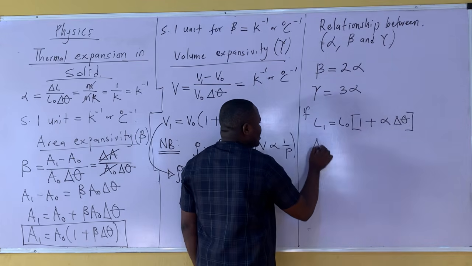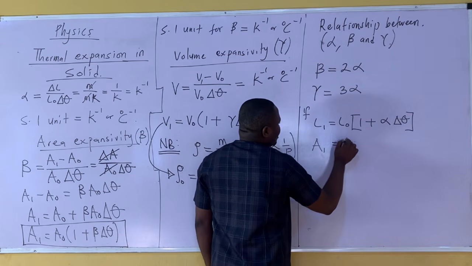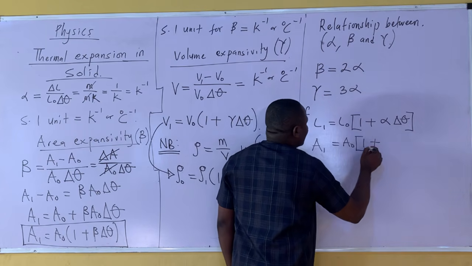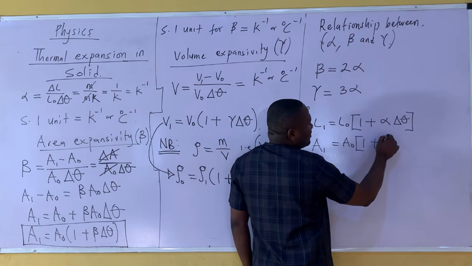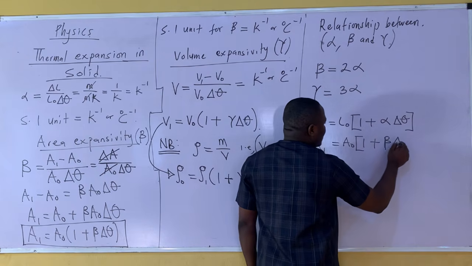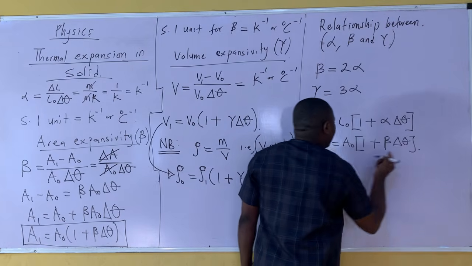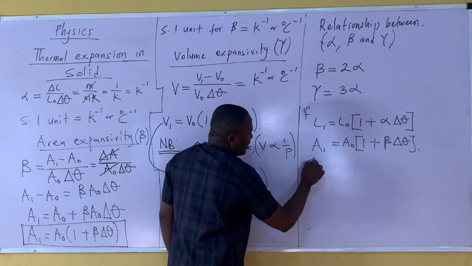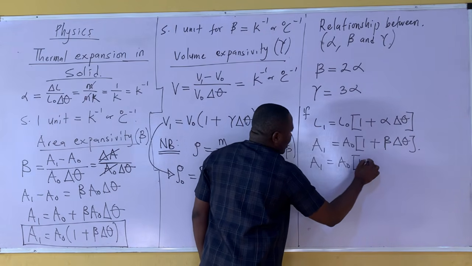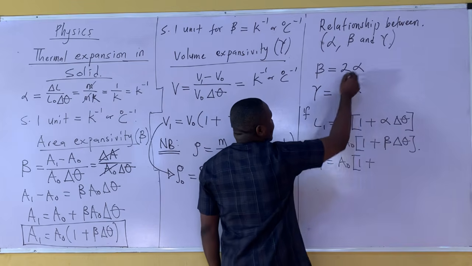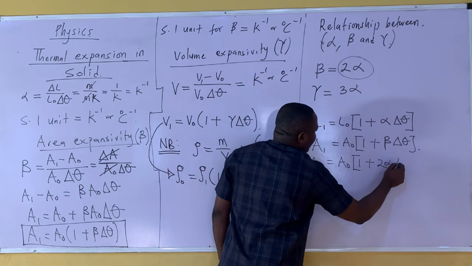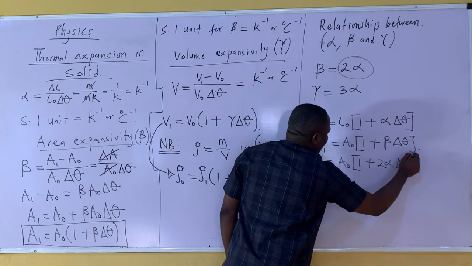Then remember, what is A1? A1 is equal to A naught open bracket 1 plus beta change in temperature. Now I can rewrite this as A1 is equal to A naught open bracket 1 plus, in place of beta I will put 2 alpha, so it's 2 alpha change in temperature.